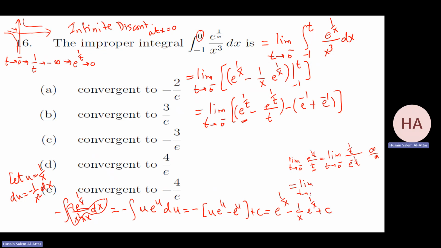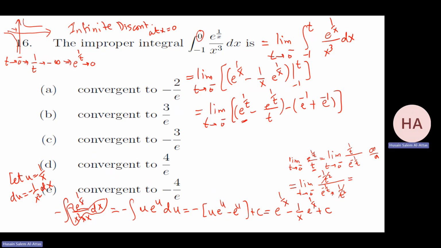Let me see what will happen in this case. As t goes to 0 from the left, I have minus 1 over t square over, for this one, e to the minus 1 over t, whose derivative is 1 over t square. This one will be cancelled.